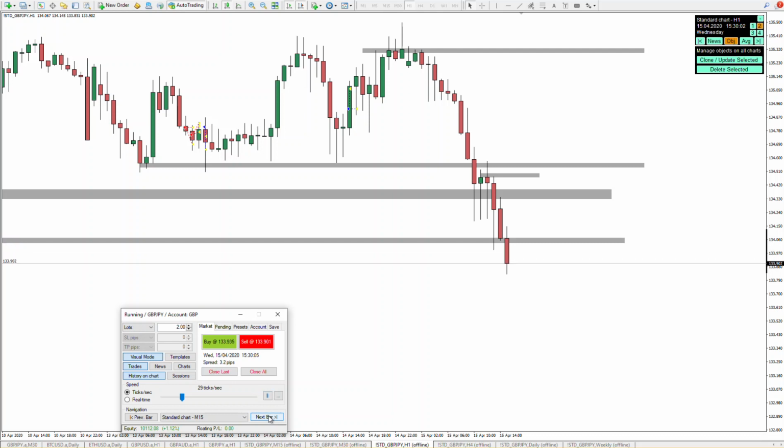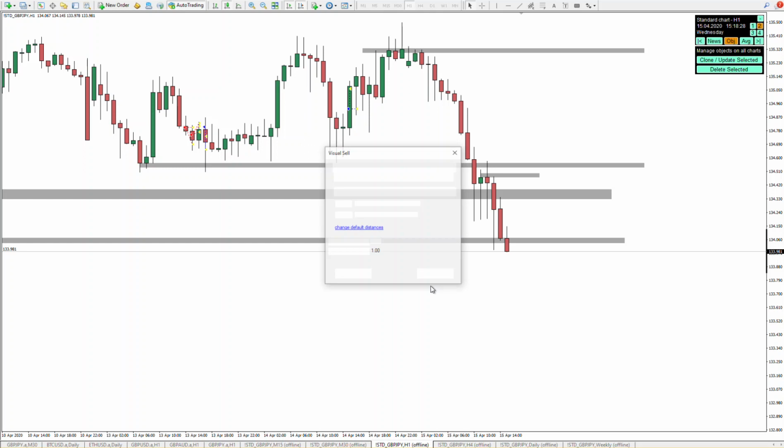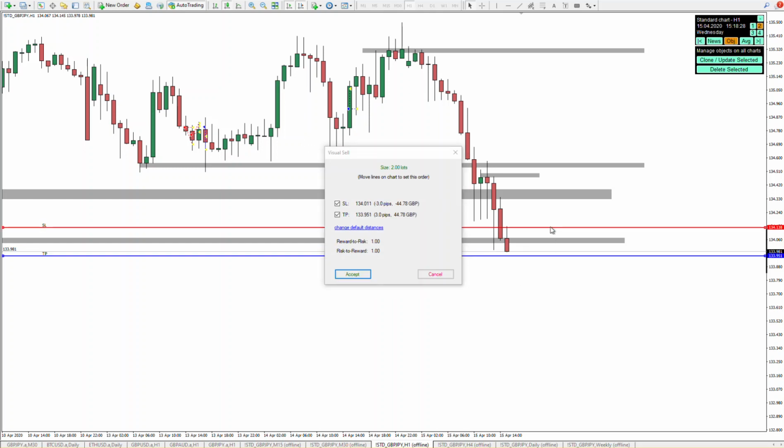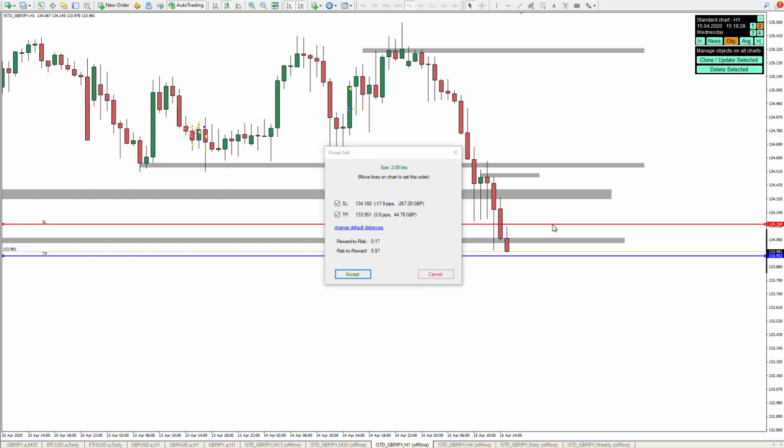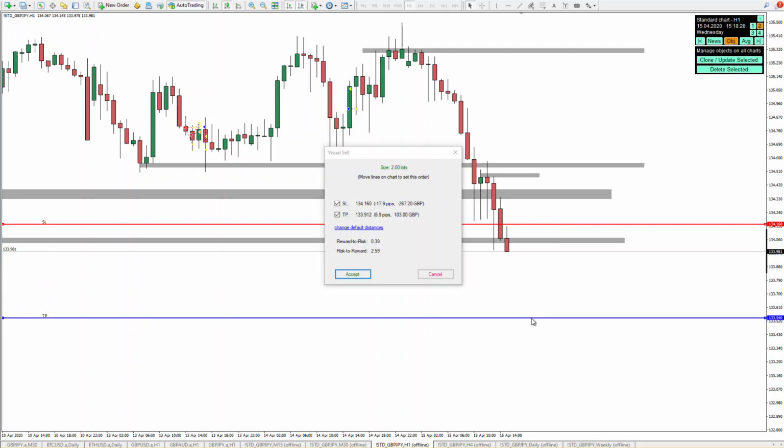Yeah. Oh, that's the wrong button. Break this candle. Yeah, that's beautiful. Sell. Stop above there. 18 pips. TP, I have no clue.